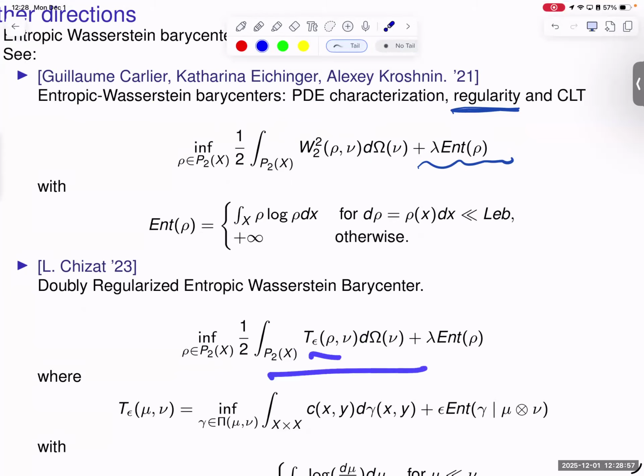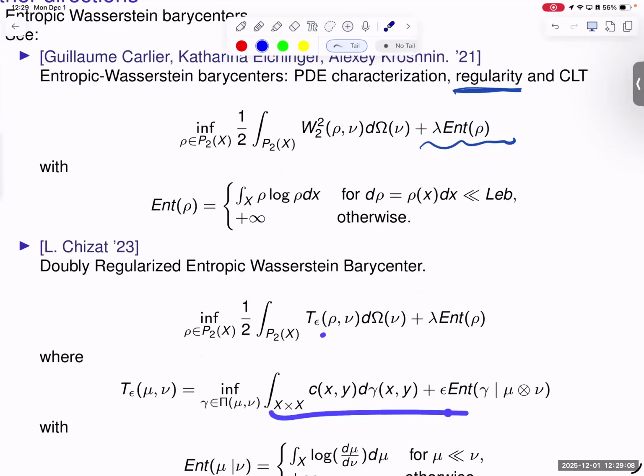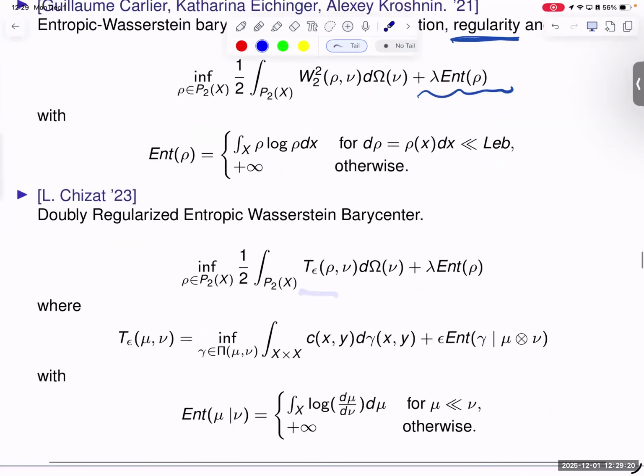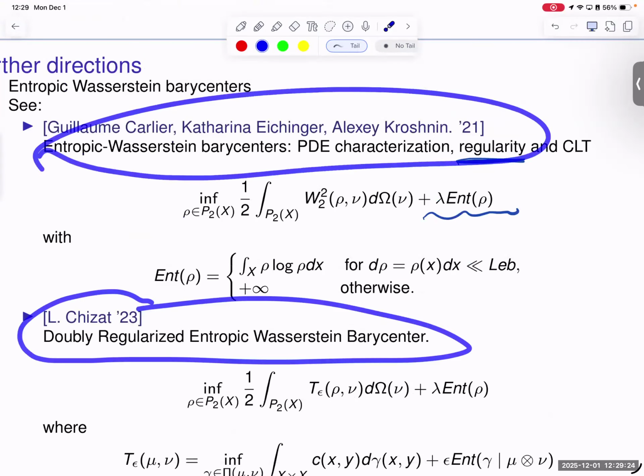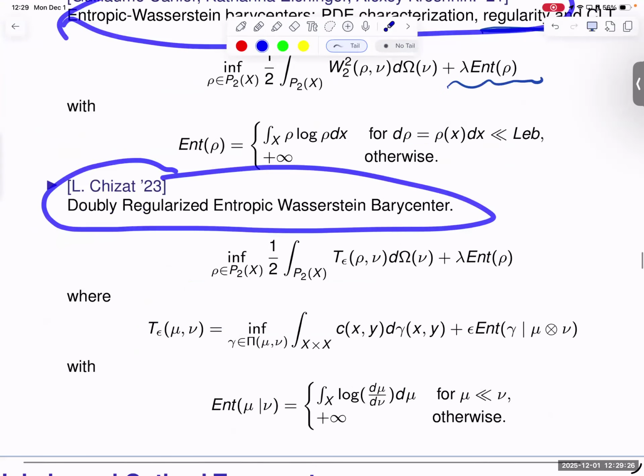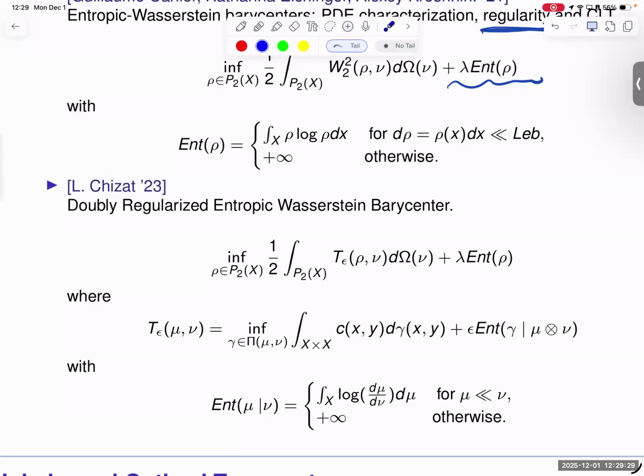Then here, of course, you can have even better properties. Probably one of the most important benefits of considering this is the computational effectiveness. So in this case, you can compute this in a more effective way, but you also have additional features. If you are interested, you can check this paper and also this paper for this aspect of regularized Wasserstein barycenters.